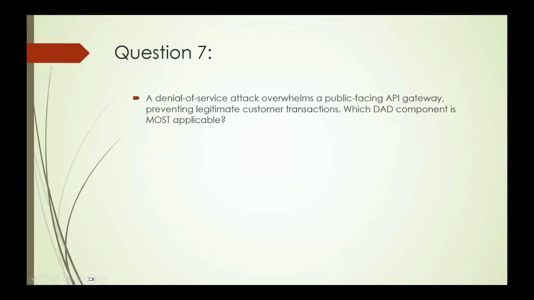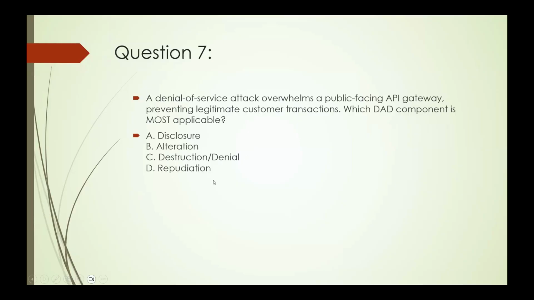Next is about DOS attack, which is denial of service attack. So a DOS attack overwhelms a public facing API gateway. API is application programming interface, preventing legitimate customer transactions. Which DAD component is most applicable among disclosure, alteration, destruction or denial, repudiation?